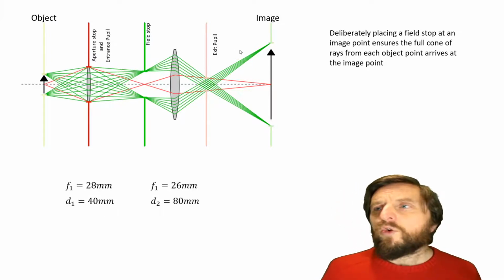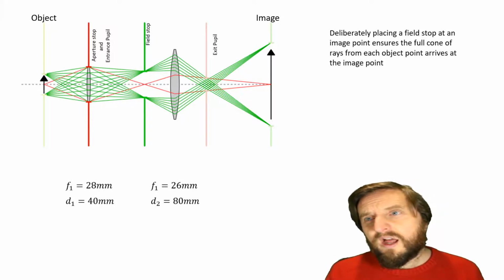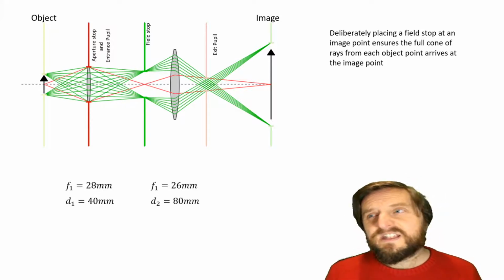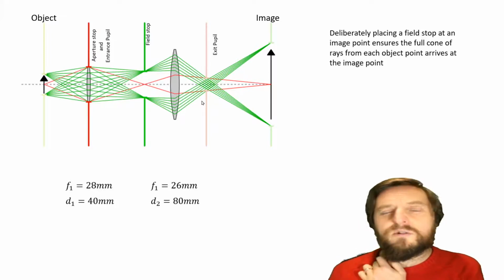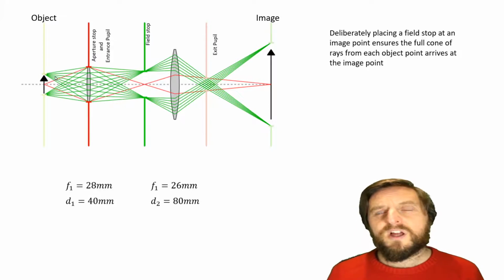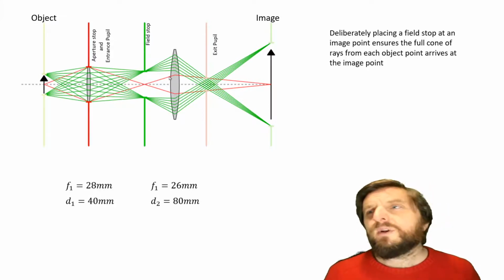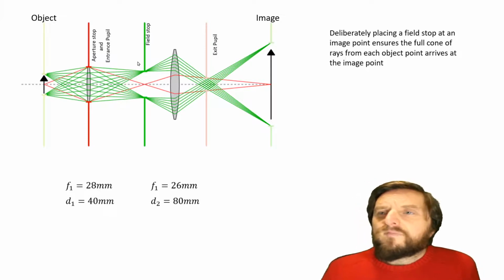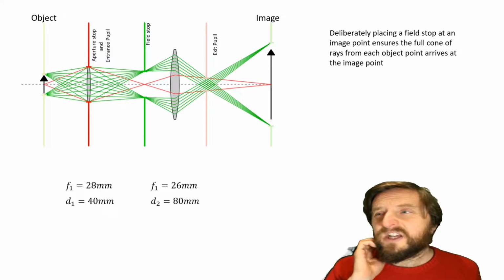So although this may reduce the size of the scene, we've got rid of the vignetting, so every single point will receive the full amount of light that gets through the aperture stop. So deliberately putting in a field stop can allow you to produce an image without vignetting.